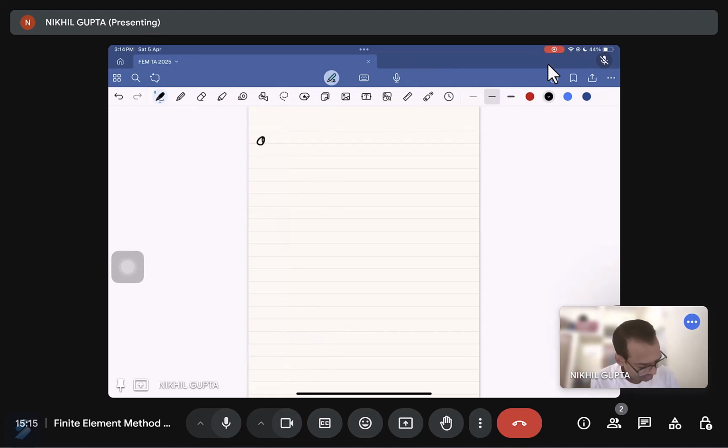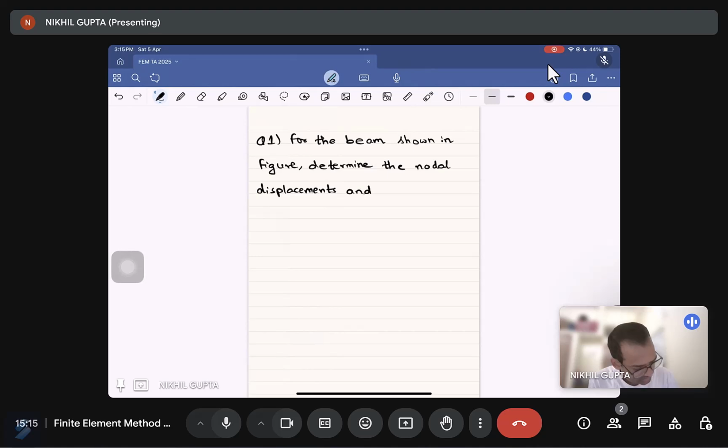So the question number one is: for the beam shown in figure, determine the nodal displacements and slopes, forces in each element, and the reactions.